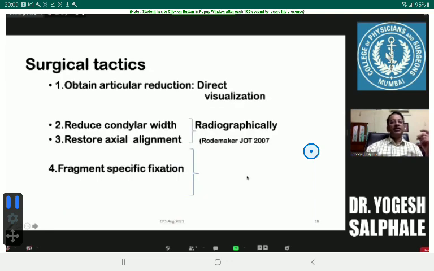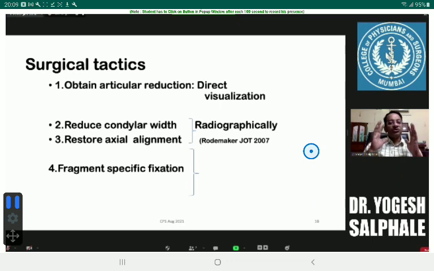So now the surgical tactics: what you want to achieve, what you want to aim for, is to obtain an articular reduction. You can do it by direct visualization. You have to reduce the condylar width because many a time, when even the lateral condyle is also fractured, the condyles just splay. So you've got to reduce the condylar width in line with the femoral condyle above.